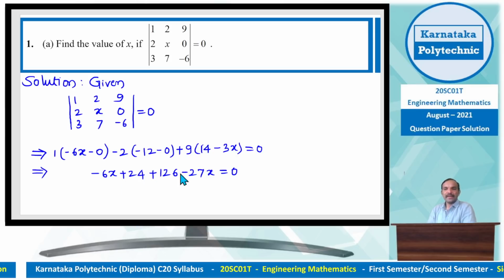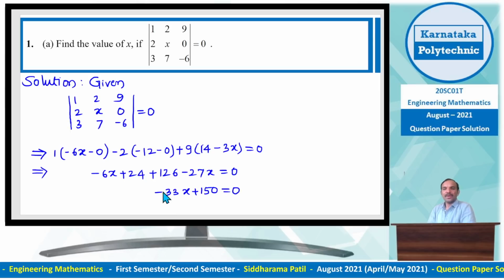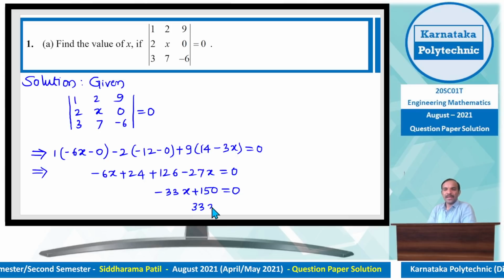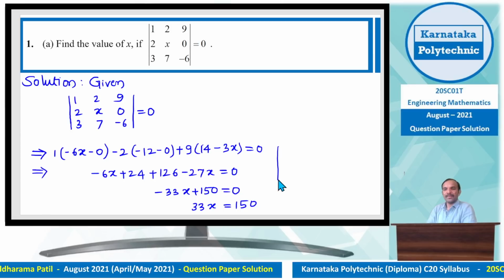Next, minus 6x minus 27x is minus 33x, and 24 plus 126 is 150, equal to 0. If you take minus 33x to the right hand side, that becomes 33x equal to 150.